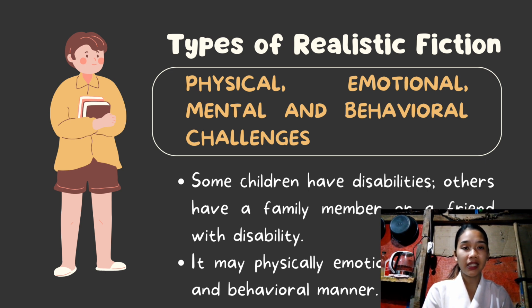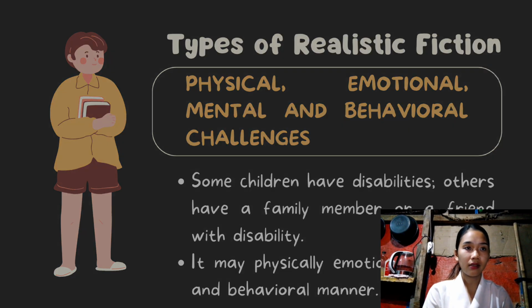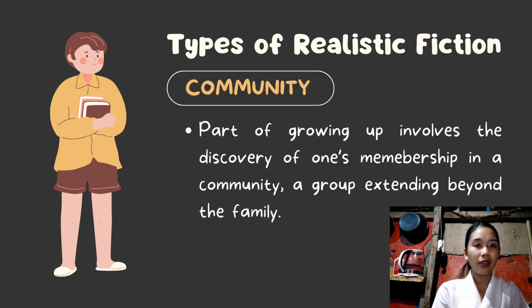It could be physical, emotional, mental, and behavioral, or those close to someone with a disability. So in the portrayal of disabilities, the narrative explores the challenges and strengths, promoting empathy and accurate understanding by avoiding stereotyping. And that would be all for those behavioral challenges.